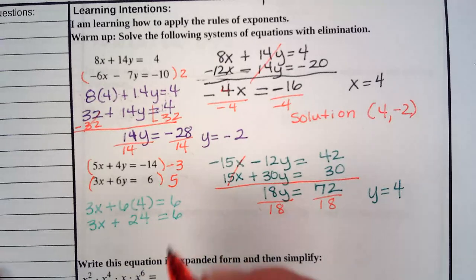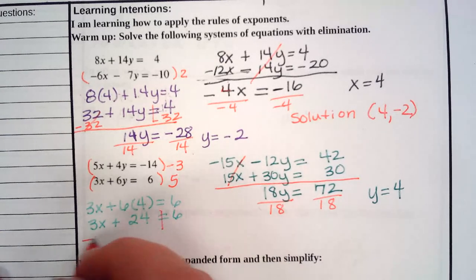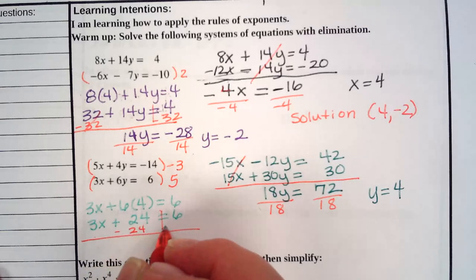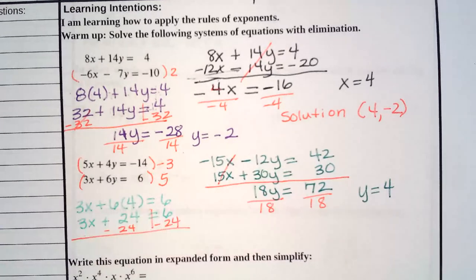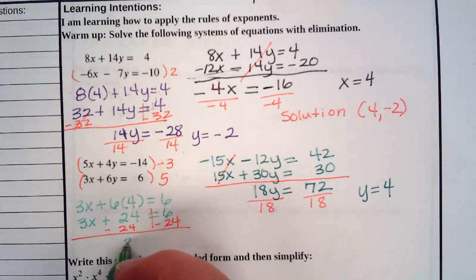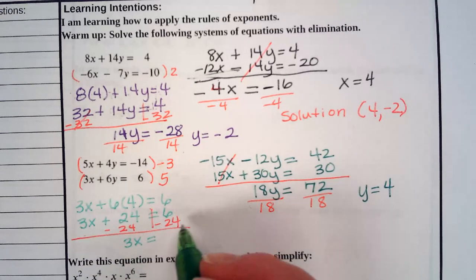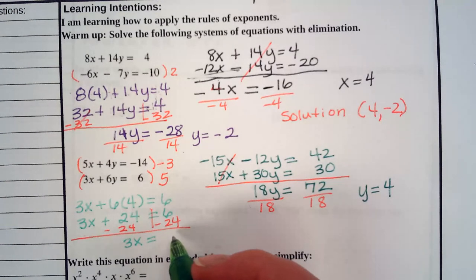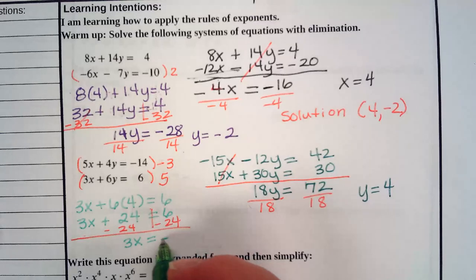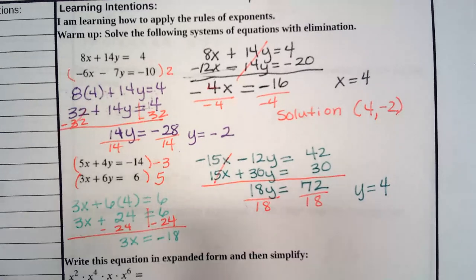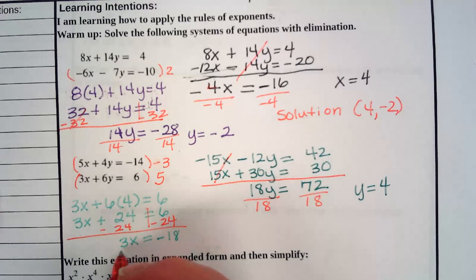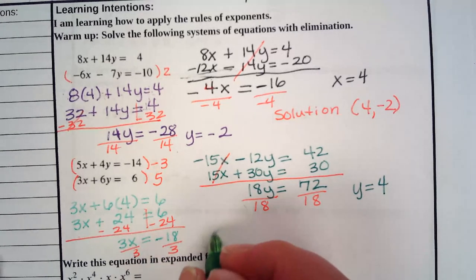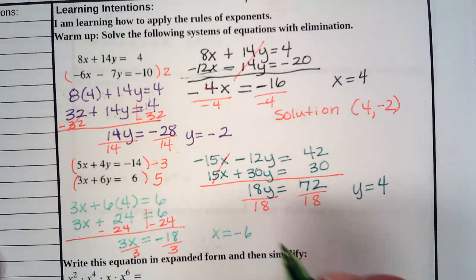I am now able to simplify. I'll subtract 24 from both sides. 3x is equal to -24 plus 6, find their difference. 18, make it a negative because 24 is bigger. Divide both sides by 3. And x is equal to -6.